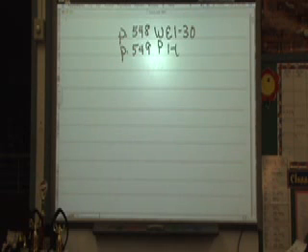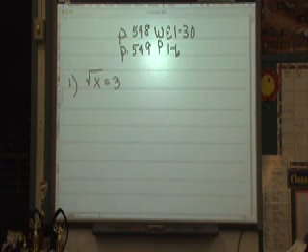Problem number 1, copy it down. We have the square root of x equals 3. The radicand is isolated by itself, so square both sides, and we get x equals 9. And if you substitute it back in there, square root of 9 is 3.